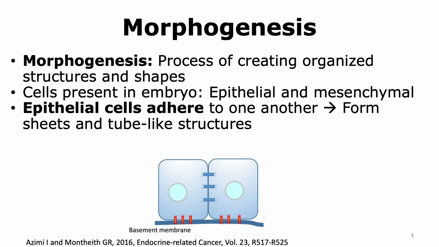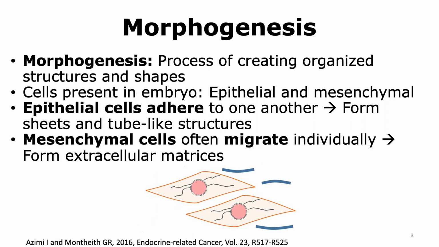The epithelial cells are able to adhere to one another, and so they're able to form complex structures like sheets and tubes. Mesenchymal cells, on the other hand, are loosely connected to one another, and more often than not they are not connected to one another at all, which allows them to migrate. They're able to migrate to different places and are able to lay down the extracellular matrix.